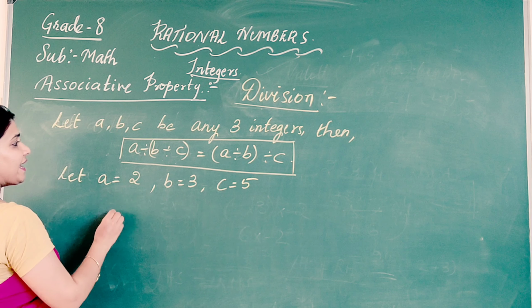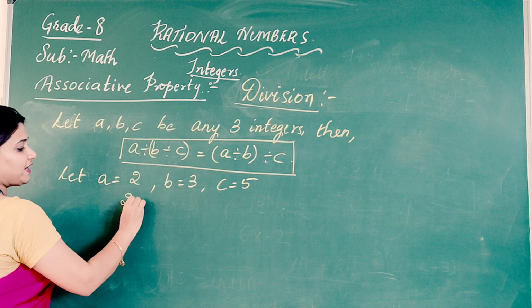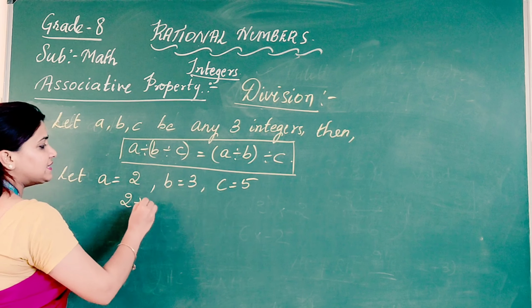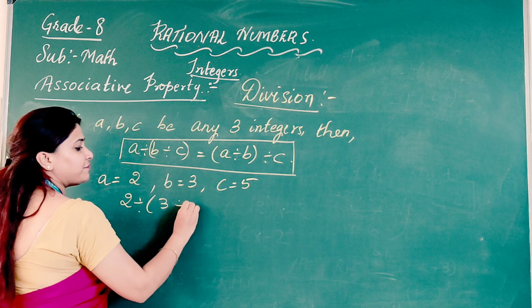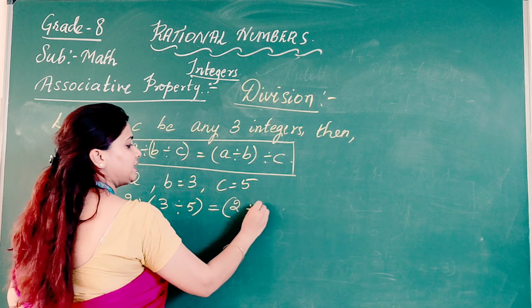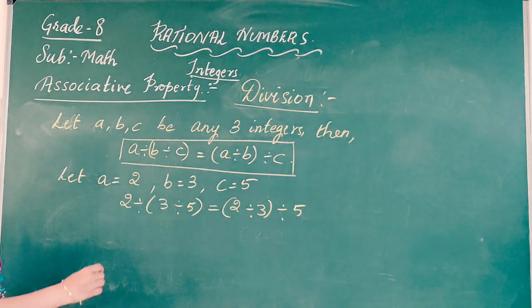According to the formula, 2 divided by, what is B? B is 3, divided by 5, is equal to, what is A? 2 divided by 3, divided by 5. Let me check if it is true.